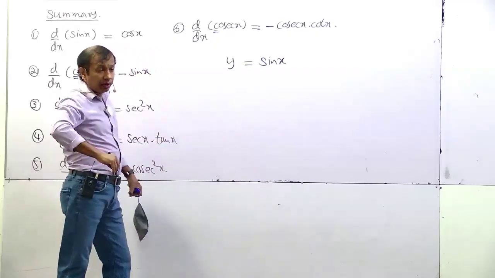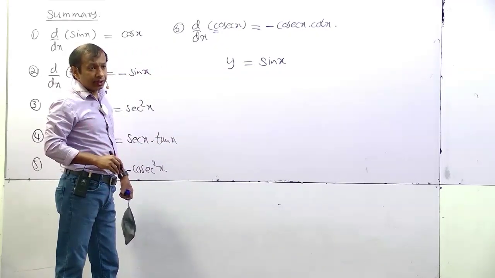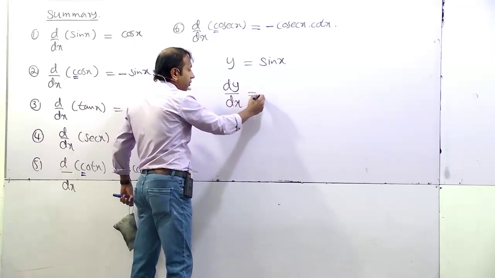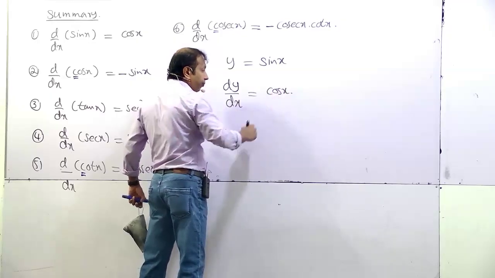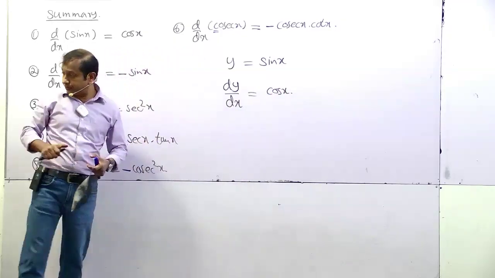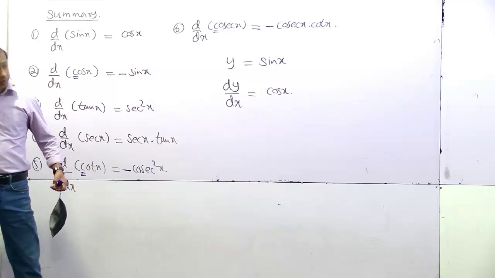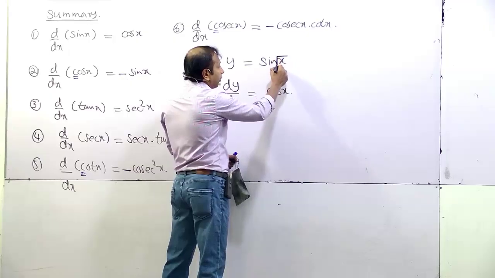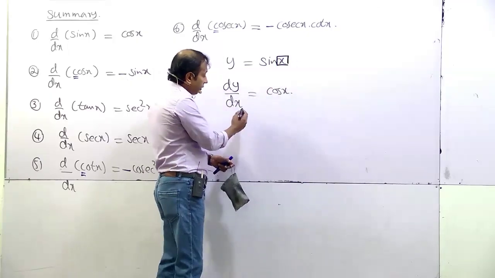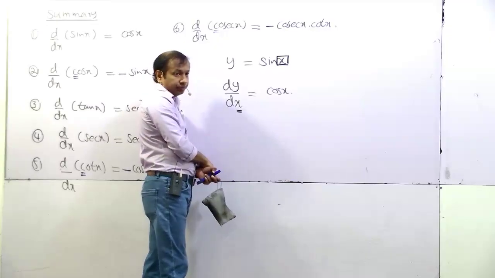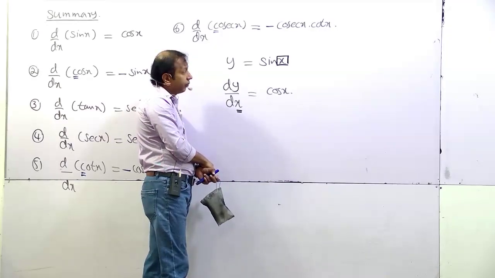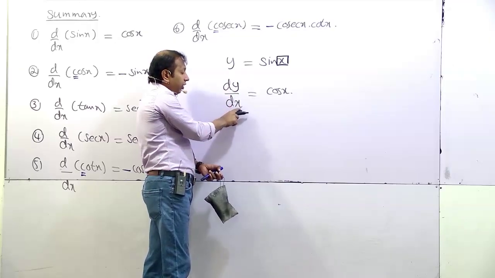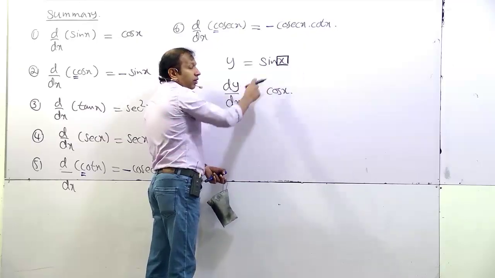Now we found dy over dx here. dy over dx, what is the answer? Cos x. People remember here, the right hand side letter, this only comes into the left hand side denominator. Then on the left hand side we have dy over dx, where this x means this one, the right hand side letter.